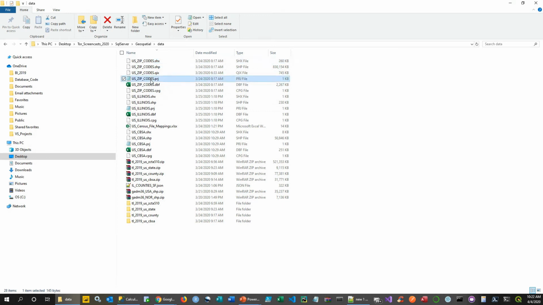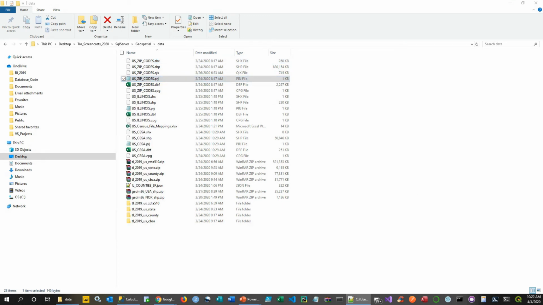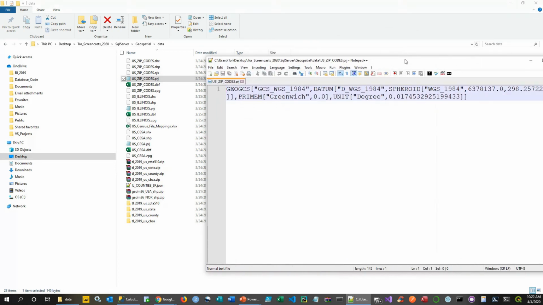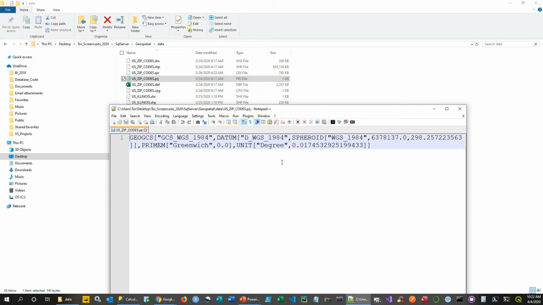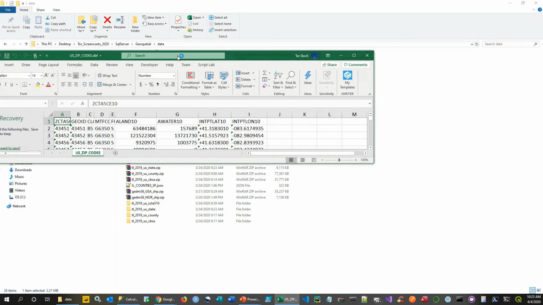The projection file, for example, you can open that, and that will look something like this. And that's the one that was inside that well-known text field in SQL Server's spatial view. You can see it has the same information in here. And then you have this DBF file, which holds the data itself that goes with the shapefiles. So here's an example of what that might look like.